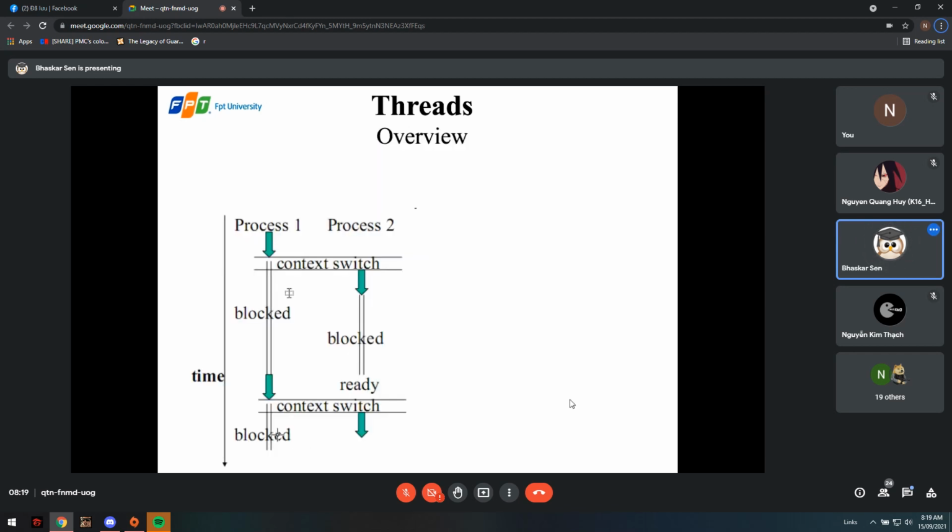This picture will explain what we mean by threads. This on the left-hand side is process, and how processes are taking turns on the CPU.